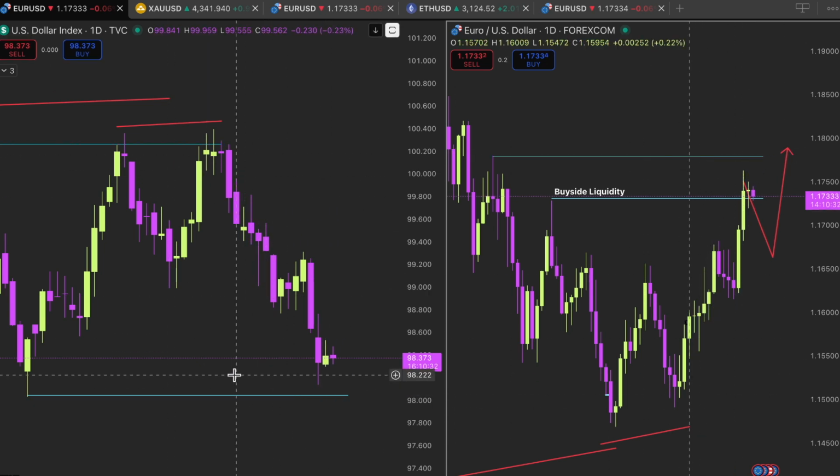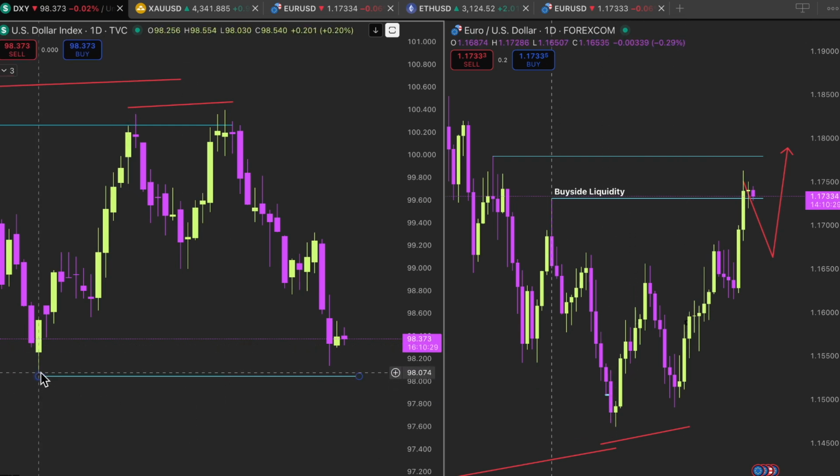Same for the DXY. I expect us to trade below the low of the 17th of October, the same level that we took out on the euro dollar but haven't taken out yet on the DXY, and I expect that to be our next target.